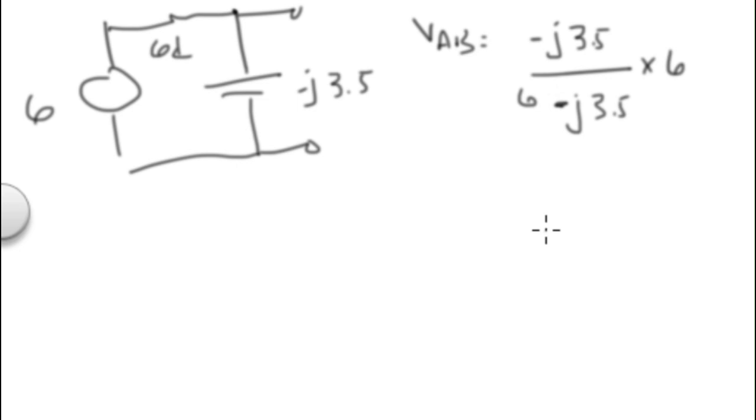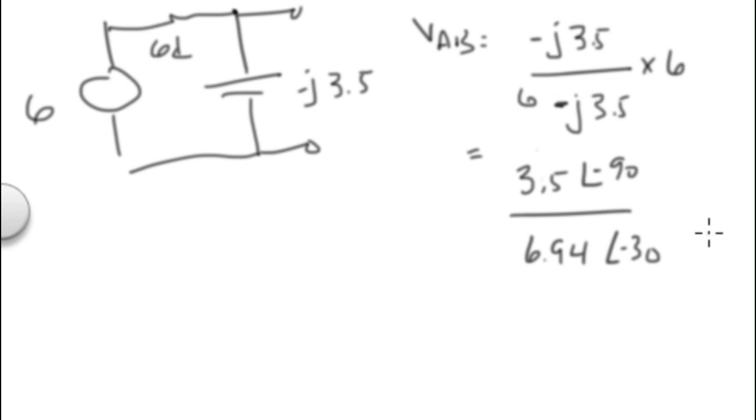So it's minus J 3.5, which is equal to 3.5 at angle minus 90 degrees. And the 6 minus J 3.5, going to 6 R to P 3.5 with a minus sign in front of it, equals, so the magnitude here is 6.94 at angle minus 30.25.